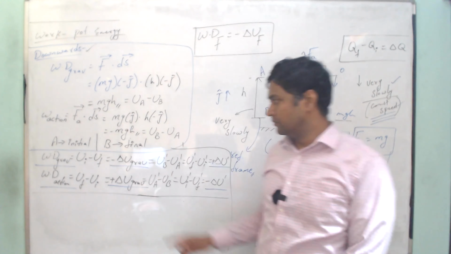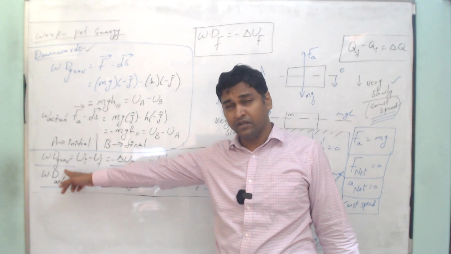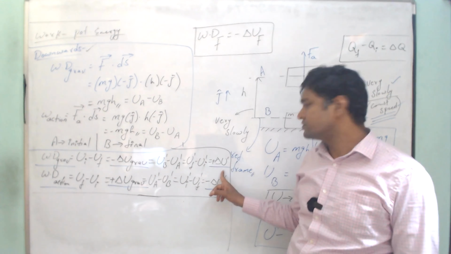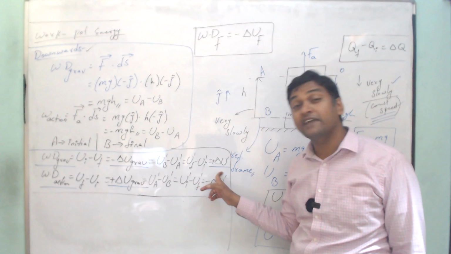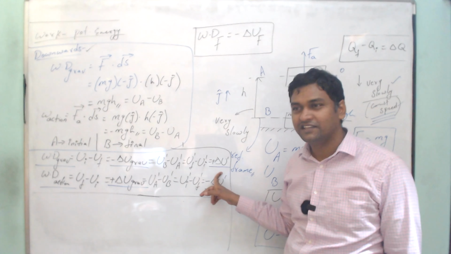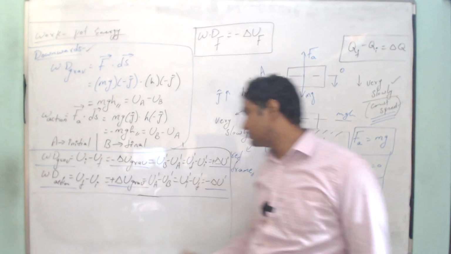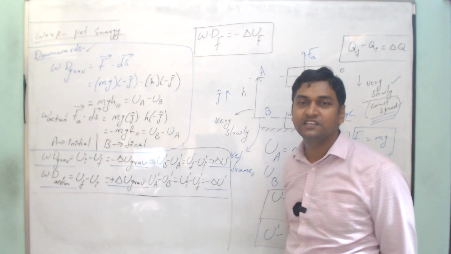But work done by gravitational force can also be written as positive of change in action potential. Work done by action force can also be written as positive of change in gravitational potential.